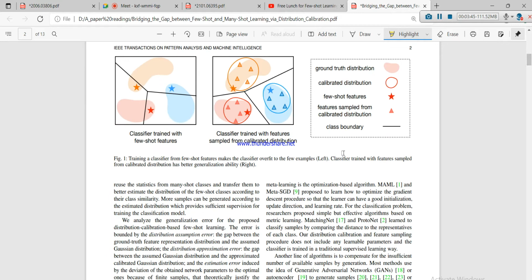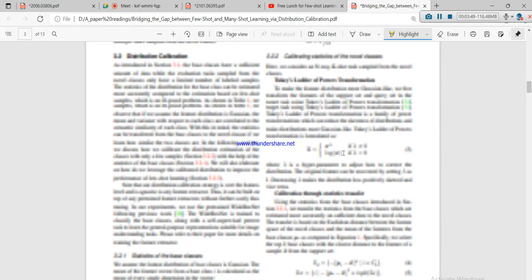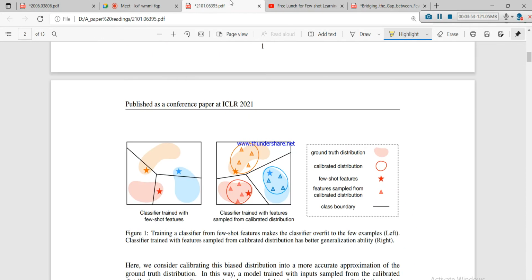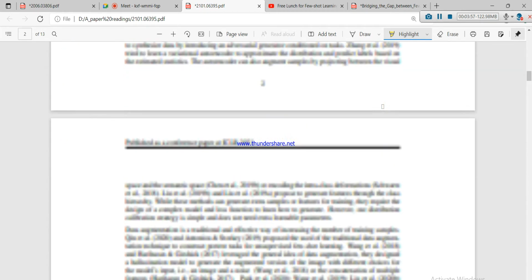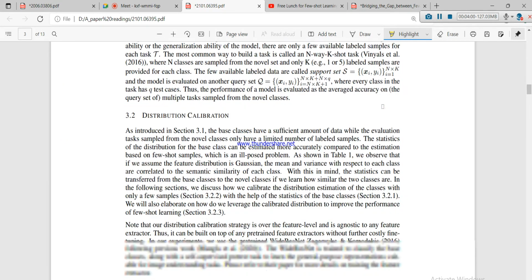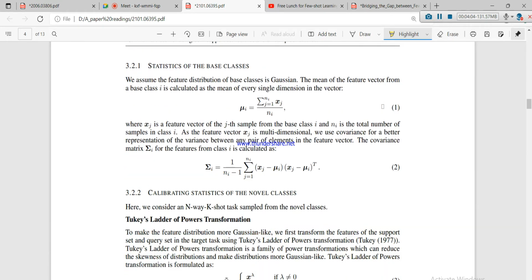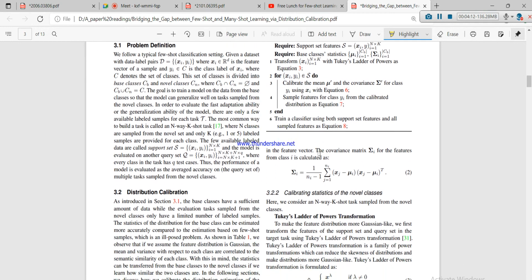This diagram is also a copy-paste diagram. The main approach is also similar to this paper, the algorithm is also similar, and the statistics of base classes is also similar.